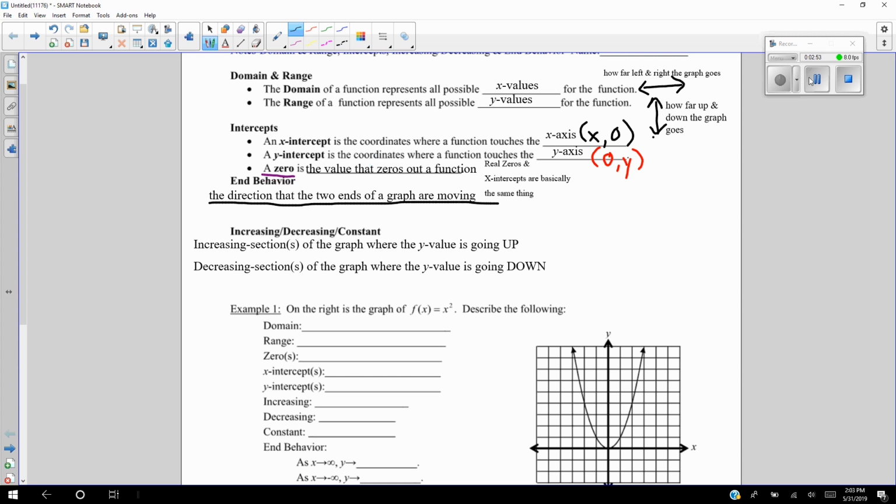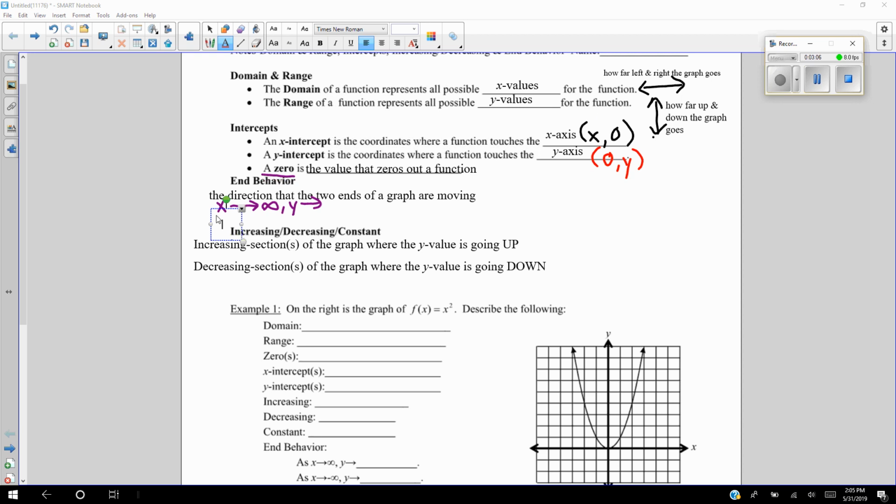The notation for end behavior looks like this. So that's what the notation looks like, and basically it's saying this.